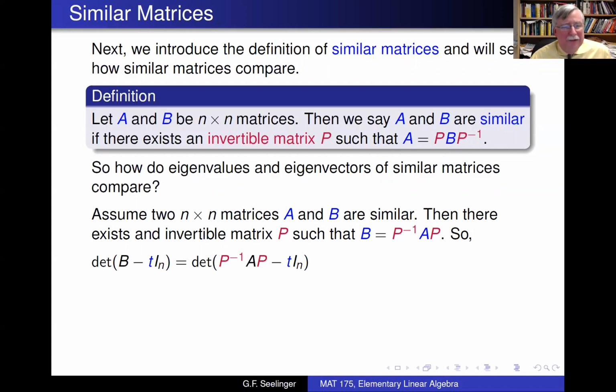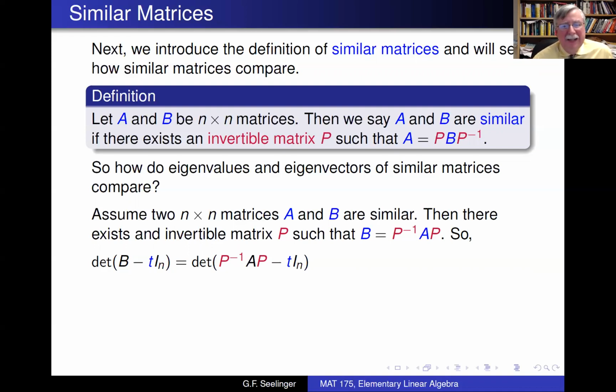To get the eigenvalues, I need to take the determinant of B minus T times the identity. Well, B is equal to P inverse A P. How do I compute that? I want to get P inverse and P in here somehow.